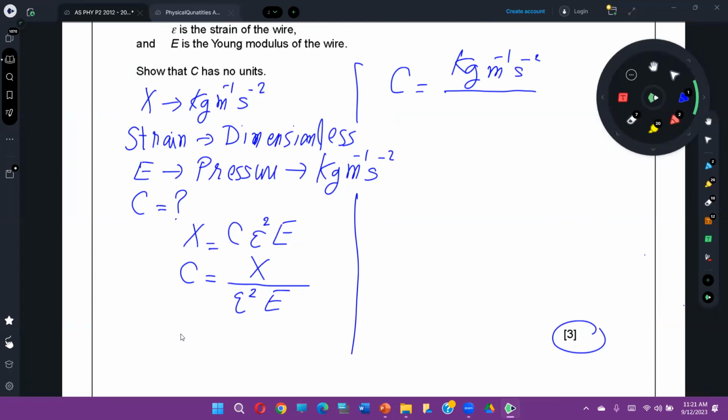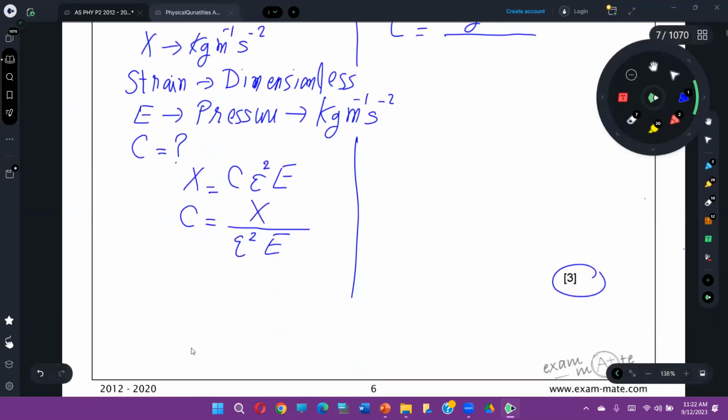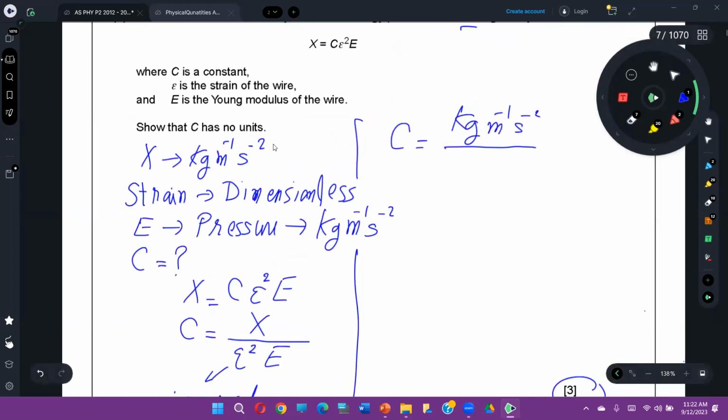Sigma square. What does this tilted E mean? It is dimensionless. So can I ignore it? So I ignore it, and just to impress the examiner, I can tell him that I am ignoring it. What about capital E?